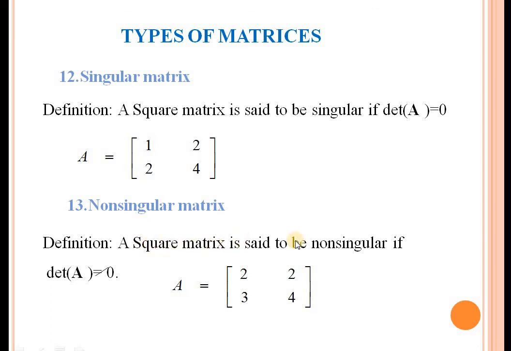A square matrix is said to be non-singular if the determinant of A is non-zero. See the example. The determinant of this matrix is 2 into 4, 8, minus 6, that is 2, which is a non-zero number. So therefore it is non-singular. When we see determinants and operations on matrices, we will see the properties and how to calculate the determinant of a matrix.